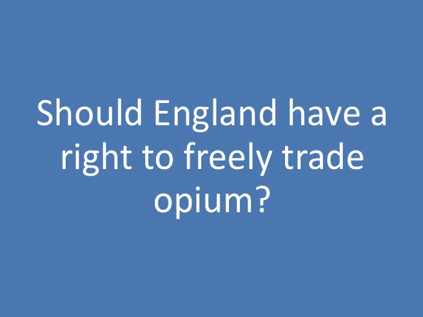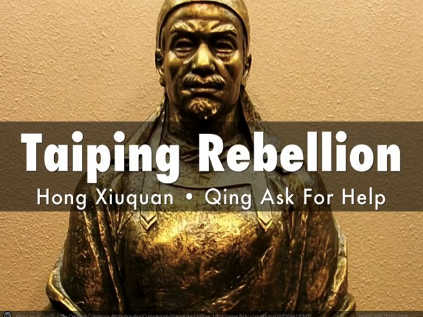So here I ask you this question. Should England have a right to freely trade opium? Ha! Anyways, now this shows China that they might have a problem on their hands that needs addressing. They need to figure out a way to deal with this encroaching Western power. And so they start to pass reforms that, like the Ottomans, make themselves more and more amenable to the West.